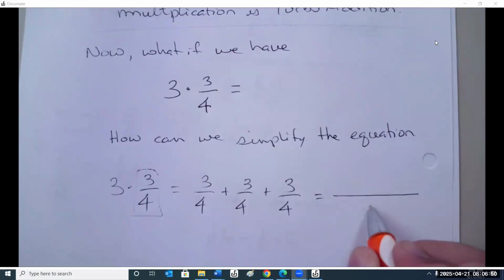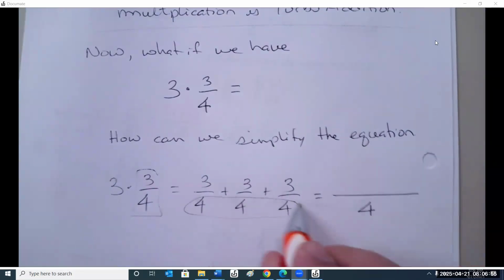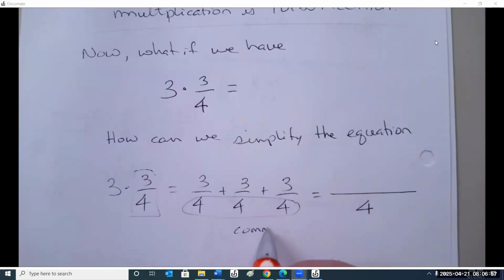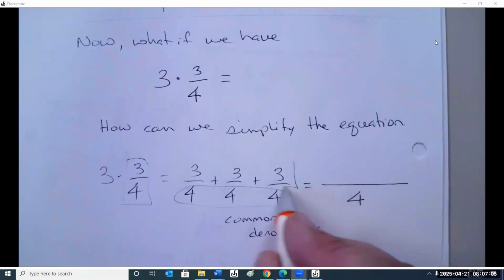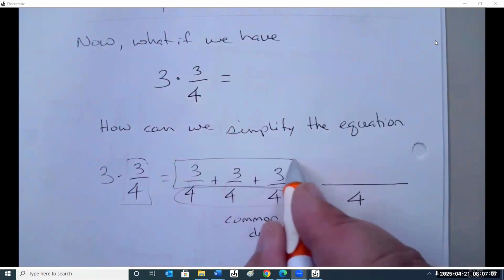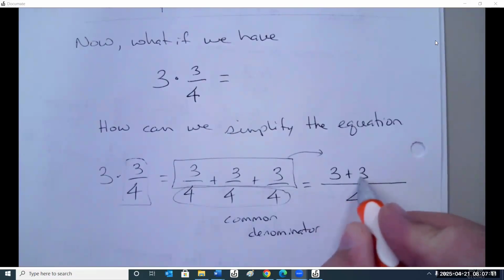Since we have a common denominator, we just worry about the top.